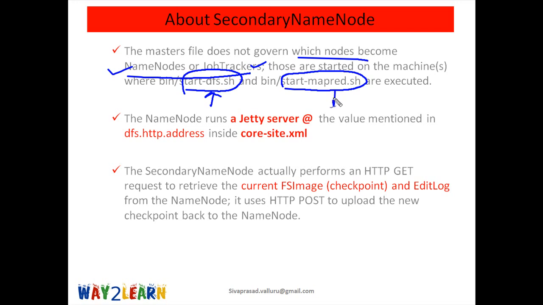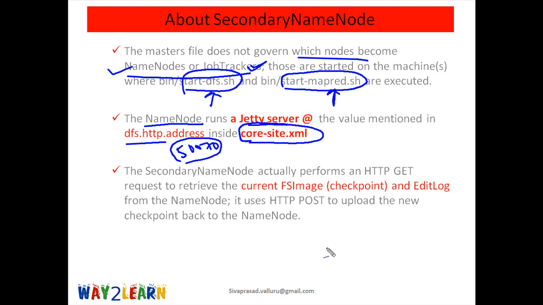On whatever machine you are executing start-mapred.sh, on that machine the job tracker will be started. And internally the name node runs a Jetty server at this address mentioned inside core-site.xml. By default the port is 50070. That's where we are connecting to see in the browser, right?